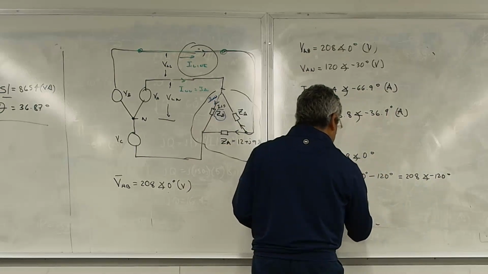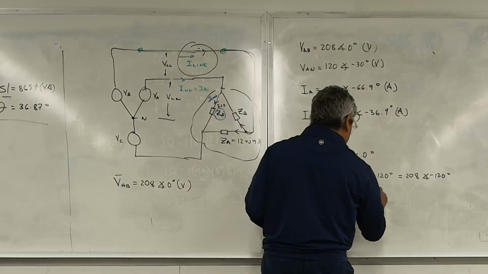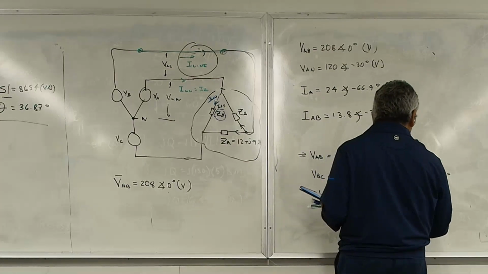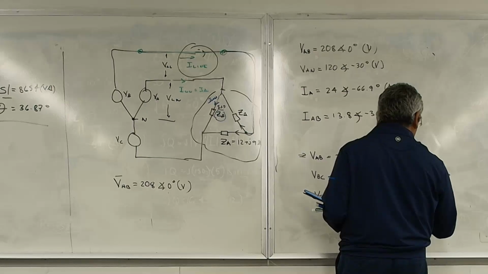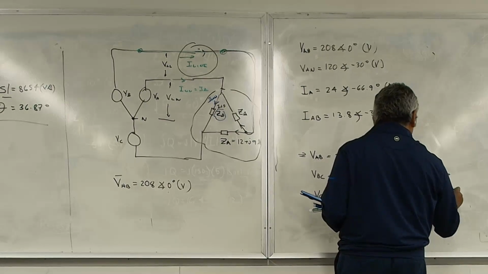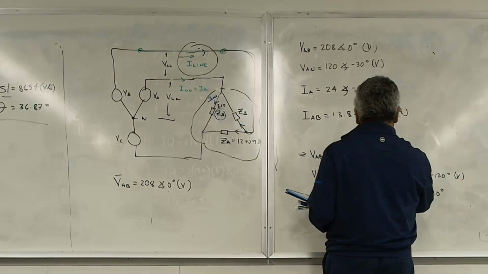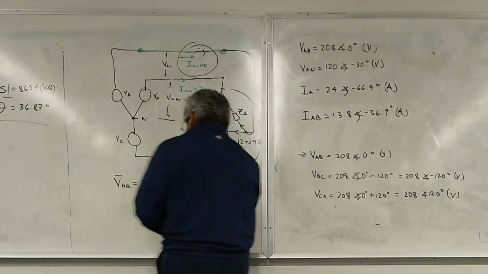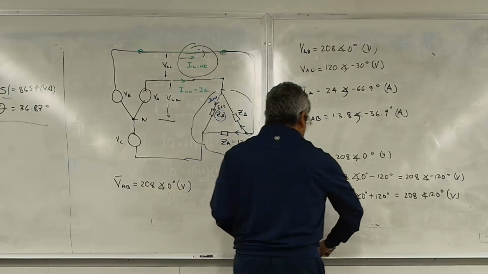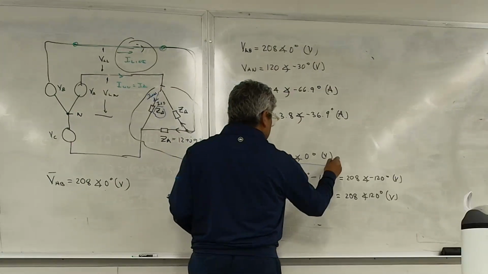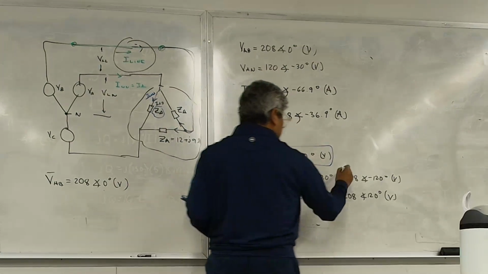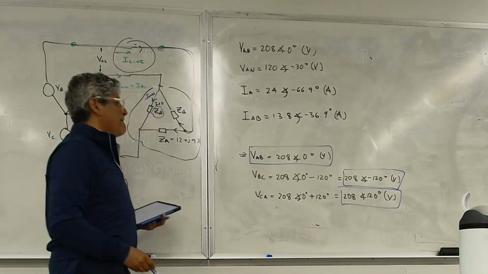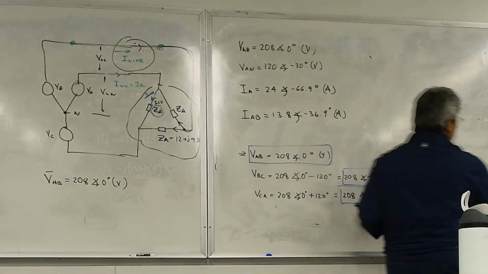And for the last, 208 angle of 0 plus 120 degrees, going in the positive sequence rotation, so 208 angle of 120 degrees. These are all in volts. So I have my three phasors: AB, BC, and CA. Simple, right?